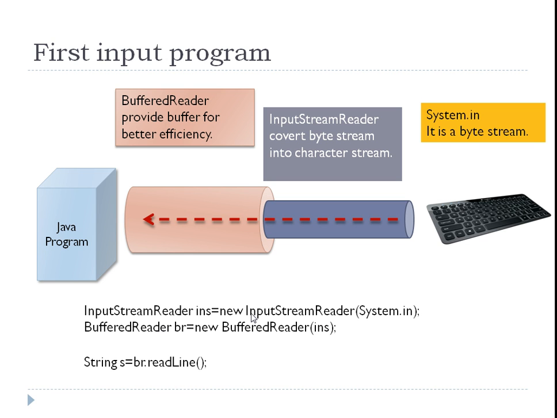These two statements will provide wrapping, or converting, of a byte stream into a buffered character stream. And here there is a method readLine. So now there is no need to read one character at a time. The readLine method will read an entire line in one instruction. Because of the buffer capability, this is possible.